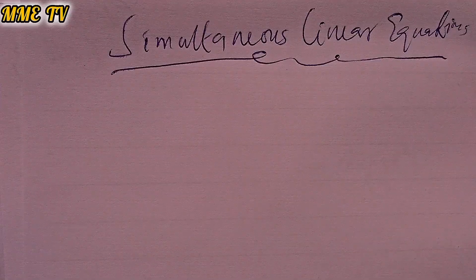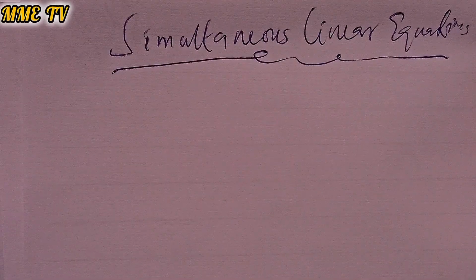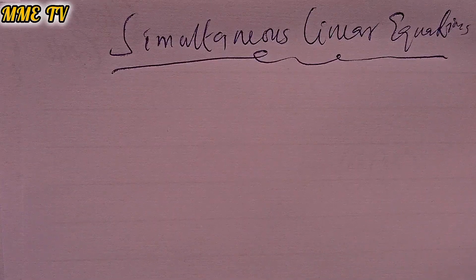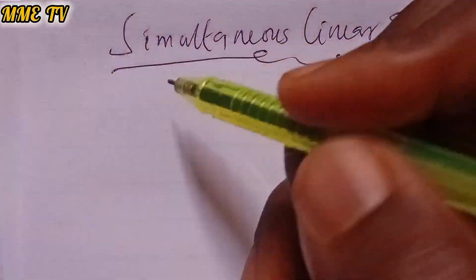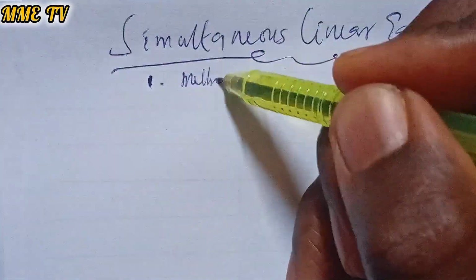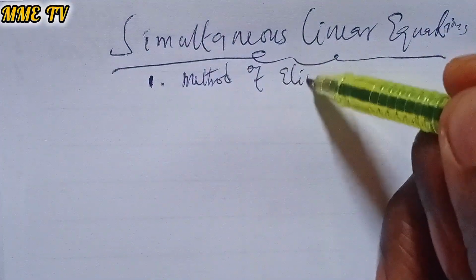This is season 8. We'll be meeting a very special topic, simultaneous linear equations. You know that simultaneous linear equations have two ways of solving them. Number one, we have the first method known as the method of elimination.